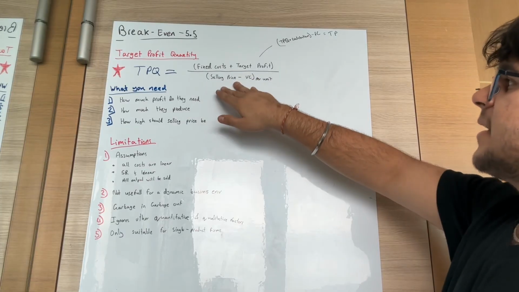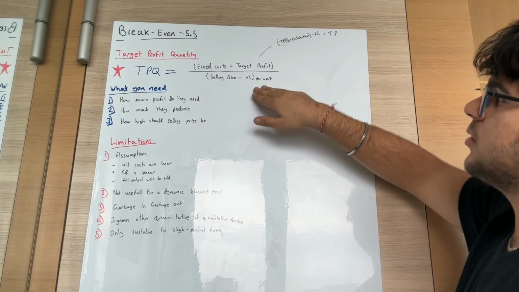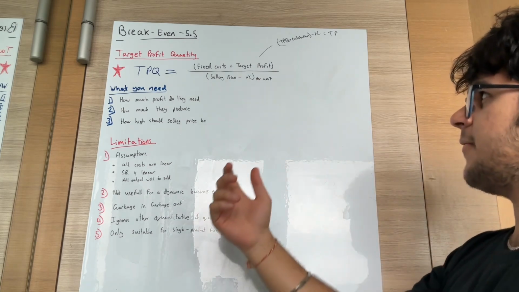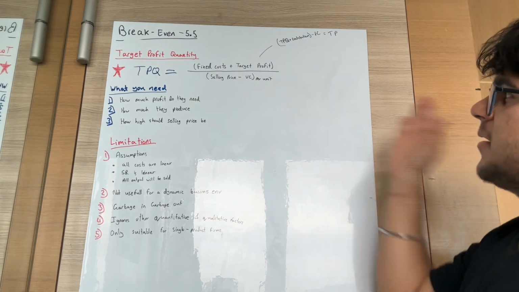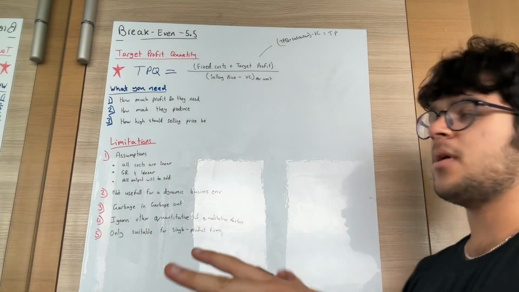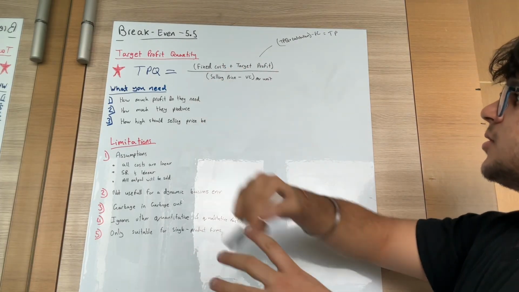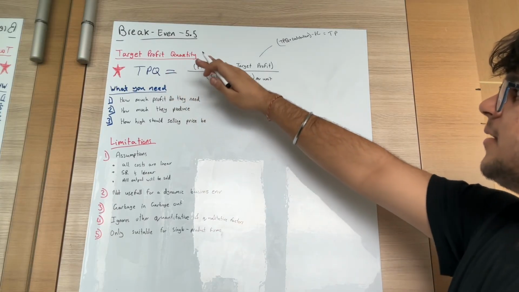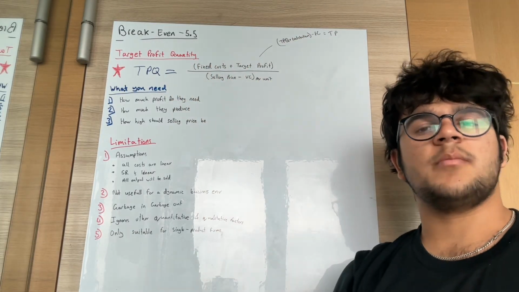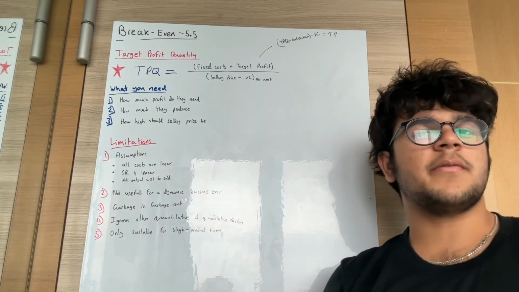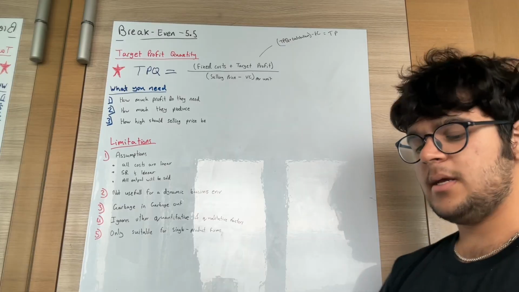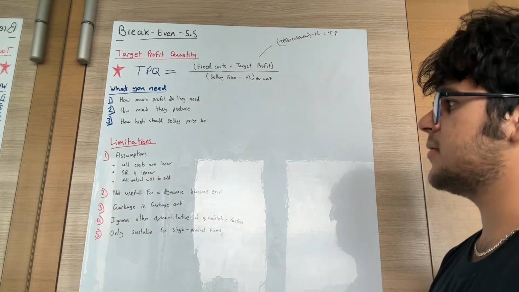The reason that it is not fixed like contribution, okay, is because a lot of times when they ask you questions on target profit quantity, they will always split it up and they won't tell you the contribution, okay, or they might just not give you the price and give you everything else. So they'll give you the target profit quantity, fixed cost, target profit, variable cost, and they'll say, how much do I have to sell my products at if I want to get a target profit quantity of 100 products with a target profit of $1,000? It will tell you how much should I sell my products at.